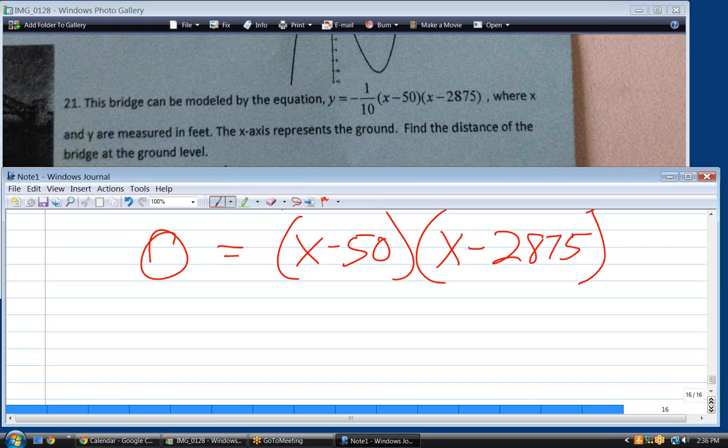In other words, one of the most fundamental principles of algebra is that if you multiply two or more numbers together and you get 0 as an answer, then one of those numbers is equal to 0. If I say A times B times C times D times E equals 0, the only way that can be true is if at least one of these letters is equal to 0.